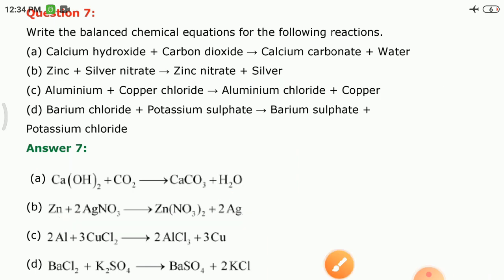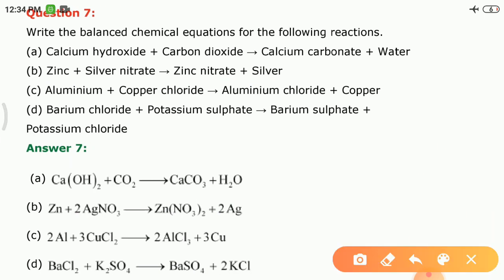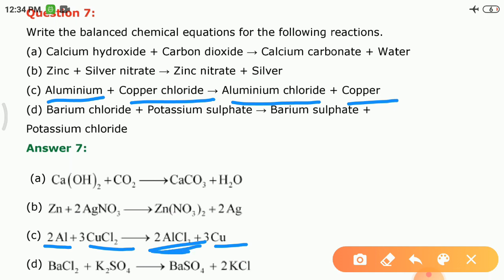Third, C1 is aluminium plus copper chloride. Aluminium is Al, copper chloride is CuCl2. It will give aluminium chloride, its formula is AlCl3, and copper Cu. It is a displacement reaction. Then for balancing, we know we want AlCl3.